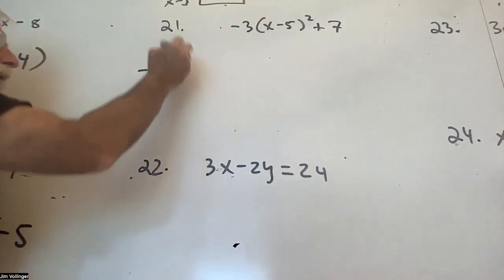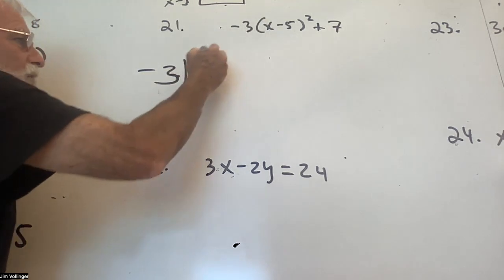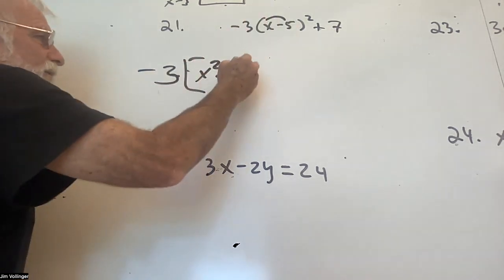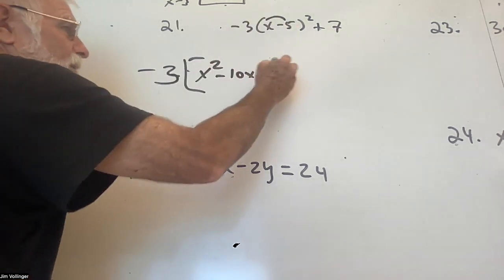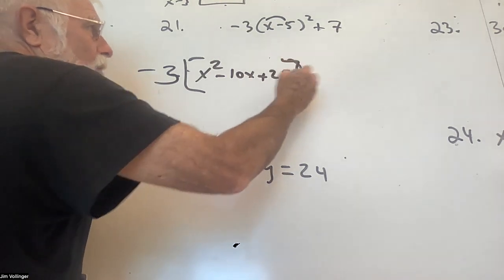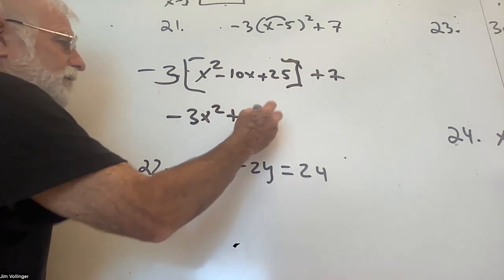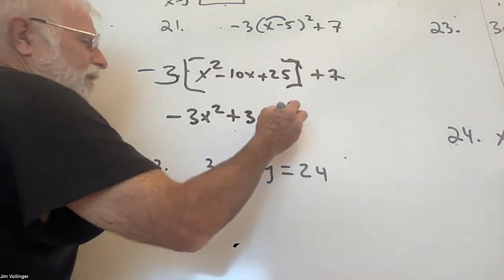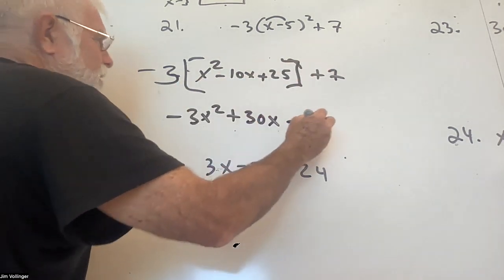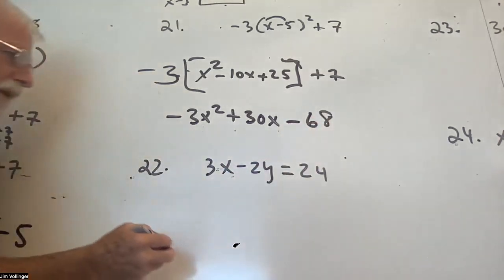That's a quadratic. So we get x squared, double that product, minus 10x, square the last term, plus 7. All right, so minus 3x squared plus 30x minus 75 plus 7, minus 68, I believe. Correct me if I'm wrong.